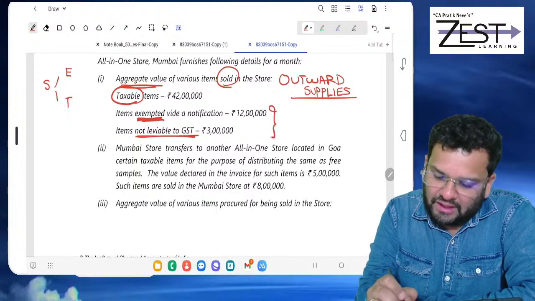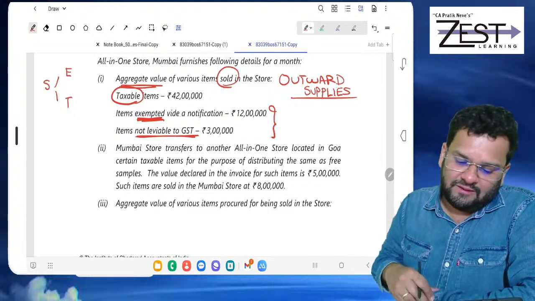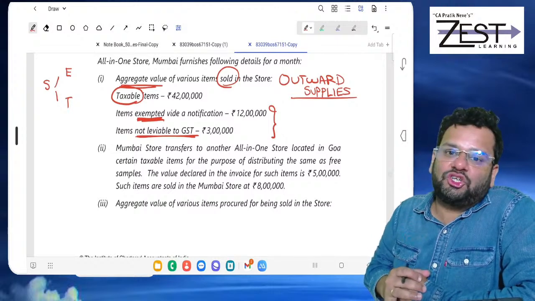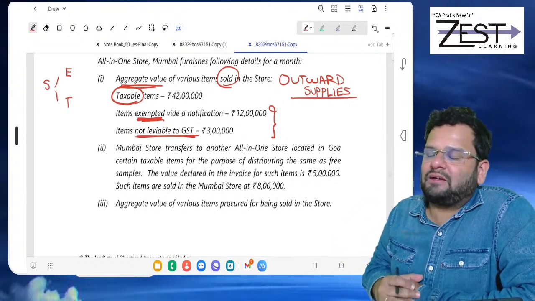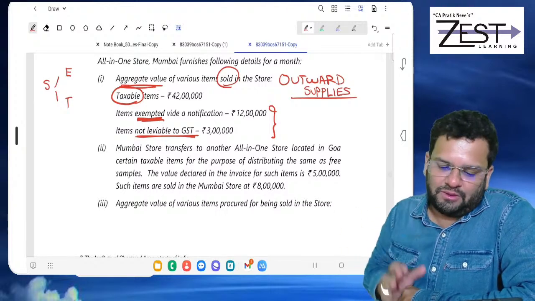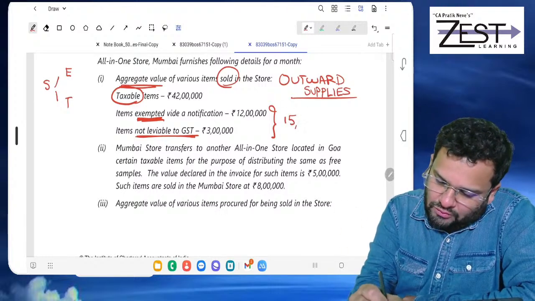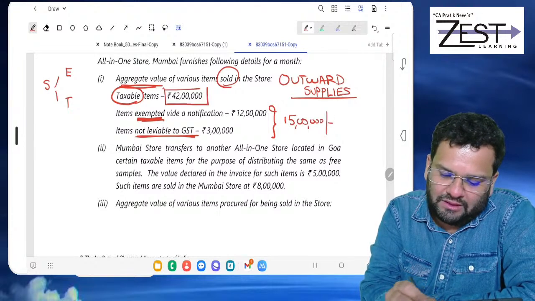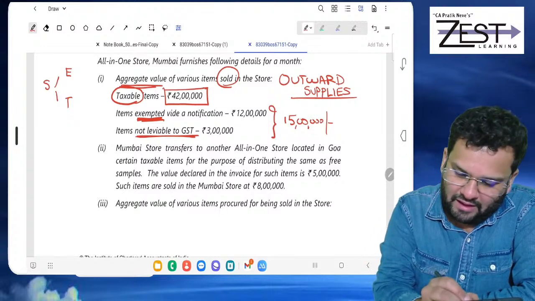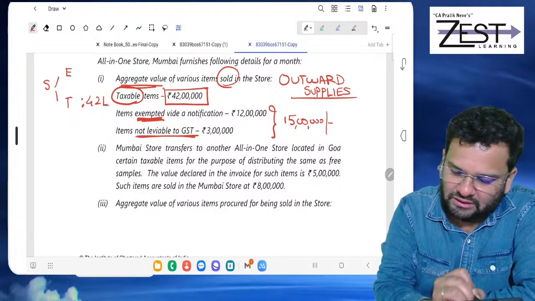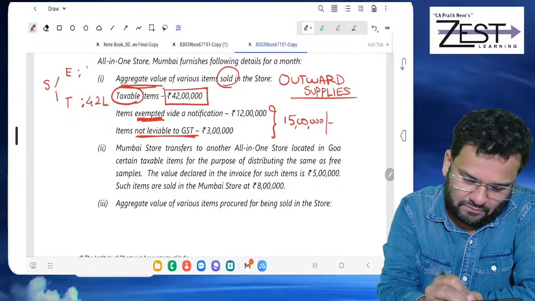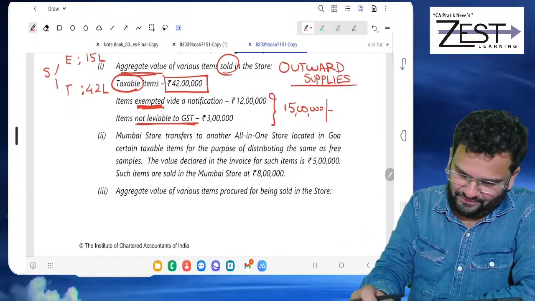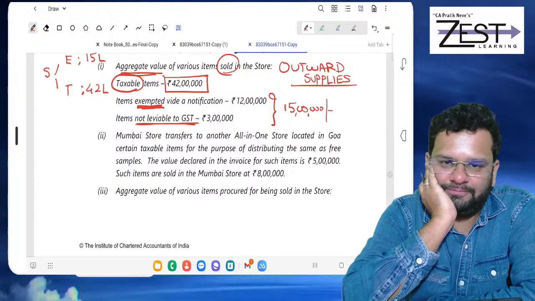So friends, exempted and not leviable to GST is one and the same, because exempted is defined in section 2(47) of the CGST Act and exempted includes non-taxable. So turnover of exempted is 15 lakhs and turnover of taxable is 42 lakhs. Have you understood? We were wanting this badly. We have got this. With me all of you till this point? So far so good?